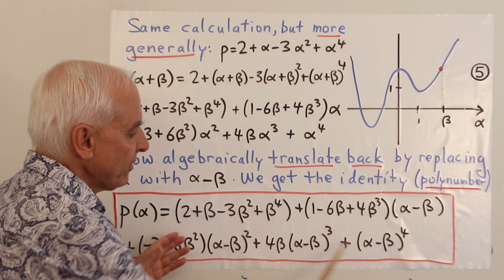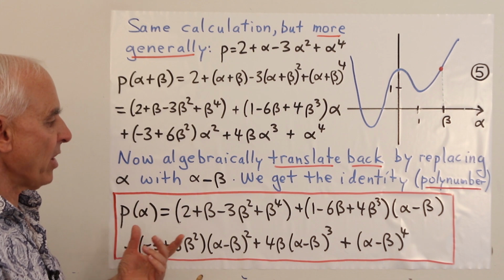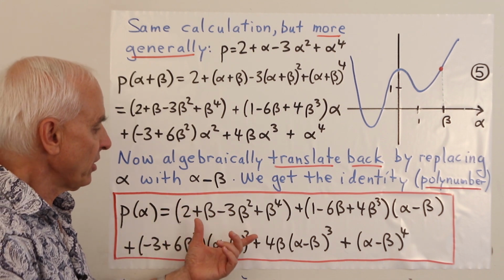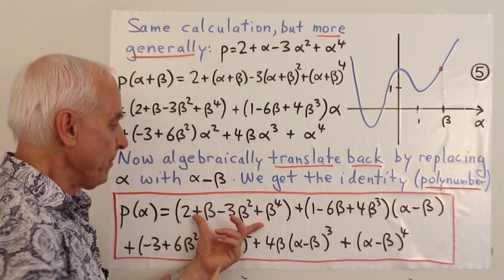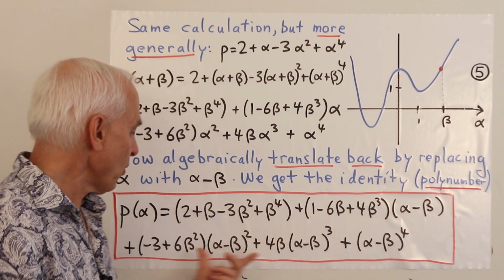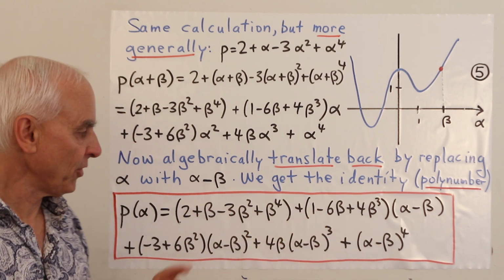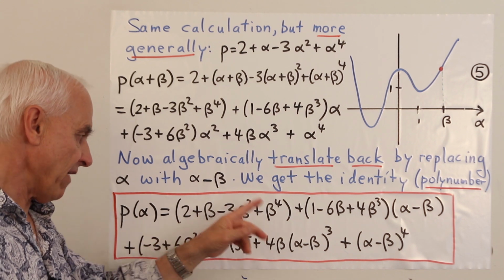We can get this expression just by writing down an expression starting with the original polynumber and having these coefficients as just the subderivatives of the original expression, admittedly evaluated at beta.